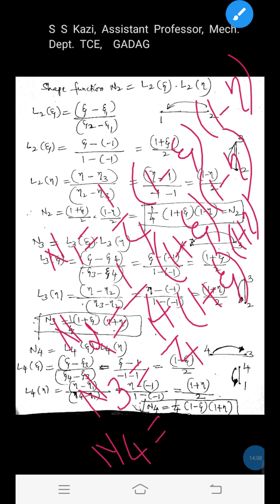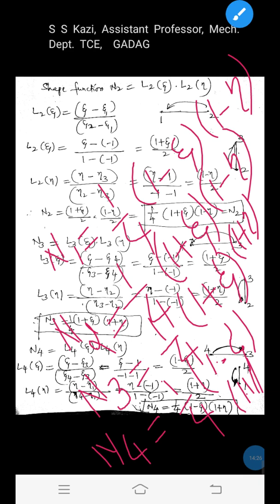Likewise N4 we got 1 by 4 into 1 minus zeta into 1 plus eta. You can observe here, you can remember these shape functions, my dear students, for the linear quadrilateral element.